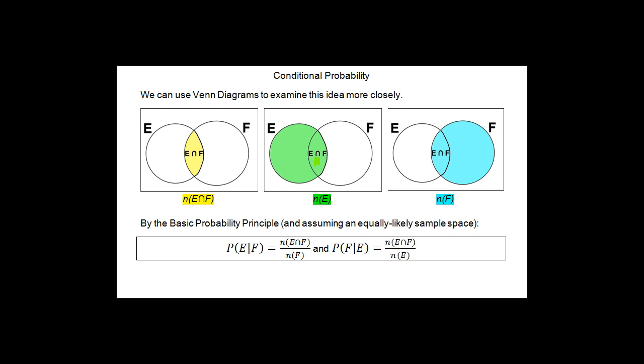And given all that, you can see the basic probability principle, and let's look at them one at a time. The probability of E given F is the number of elements in E intersect F. That would be this right in here.